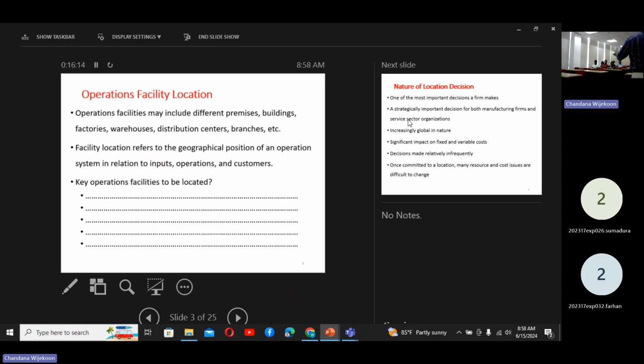Say, for example, the snacks industry or confectioneries. Here in Sri Lanka, we have CBL and Melbourne. They do not only manufacture, they are involved in selling and distribution as well. And to manage that, they need distribution centers covering a particular geographical area. Otherwise, it is difficult to coordinate the distribution.